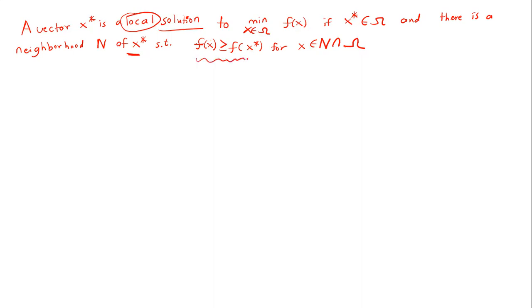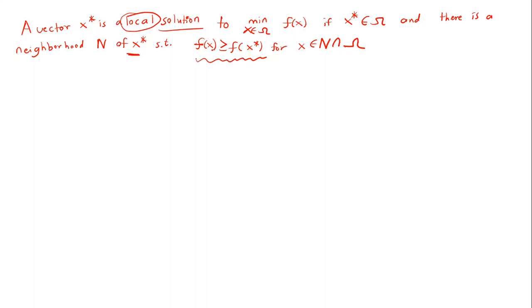So this part maybe is not super surprising, that for something to be a value of the decision variables that is a solution to an optimization problem, it probably should make your objective function smaller than neighboring points, or else what would it mean for it to be a minimum, a decision variable that causes f to be minimum subject to constraints?